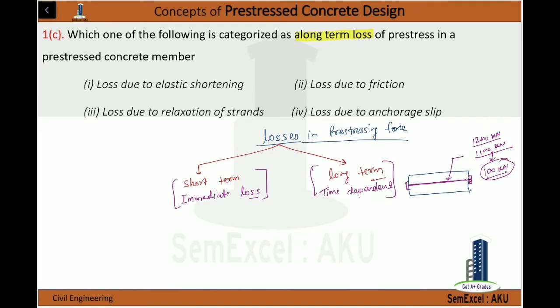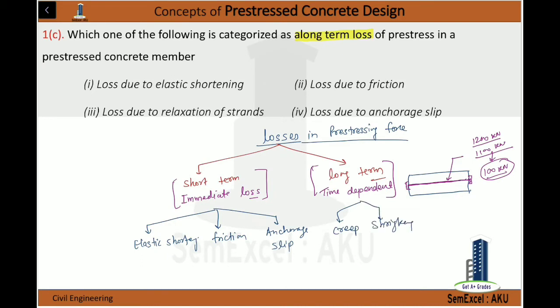Now I will discuss what the short-term pre-stress losses are and what the losses in pre-stress in the long run are. So the short-term losses are elastic shortening, friction, and anchorage slip. And the long-term losses are losses due to creep that we have just discussed, losses due to shrinkage, and losses due to relaxation of the pre-stressing cable.